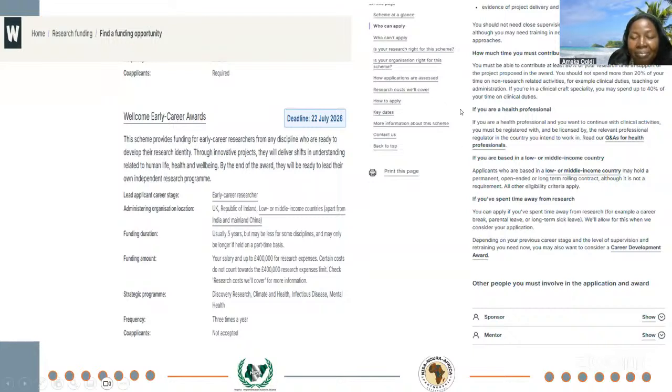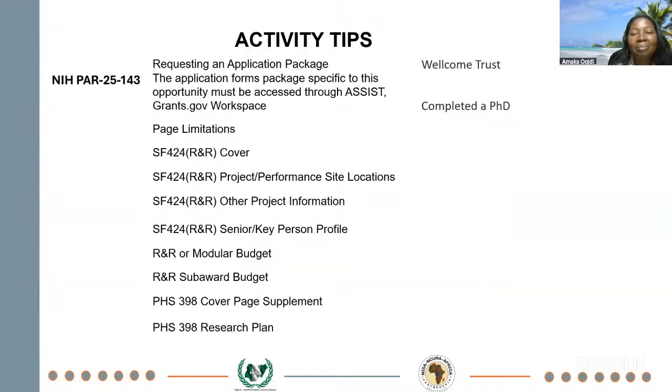Okay, here I have what I call activity tips to help you. These are some of the things we could see on that NIH platform.